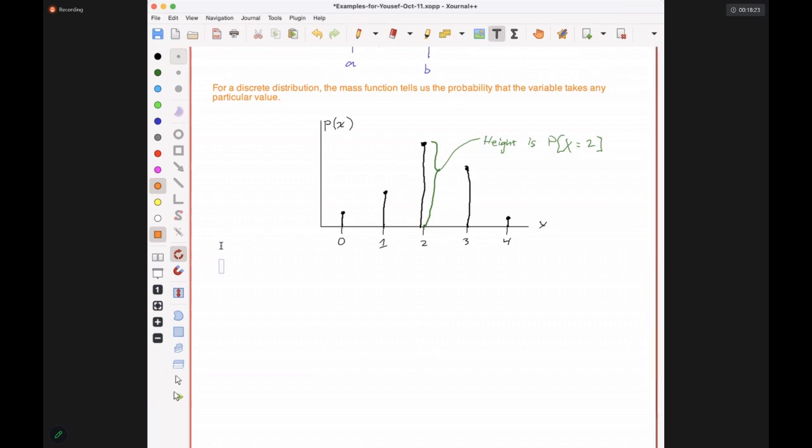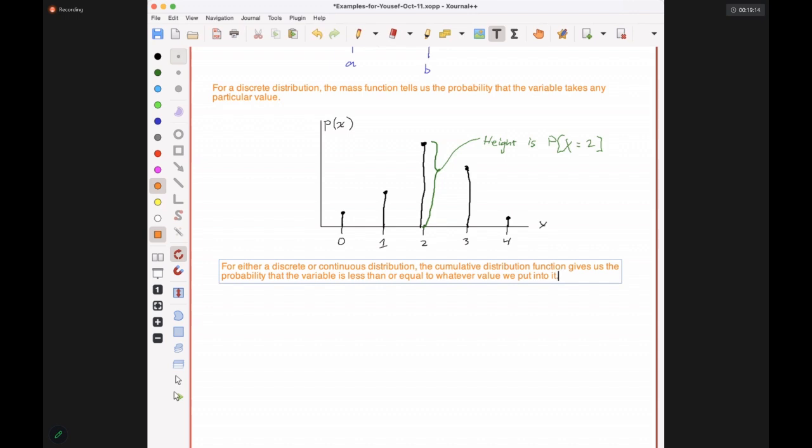But for either a discrete or continuous distribution, and even for distributions that are neither fully continuous nor fully discrete, the cumulative distribution function gives us the probability that the variable is less than or equal to whatever value we put into it.